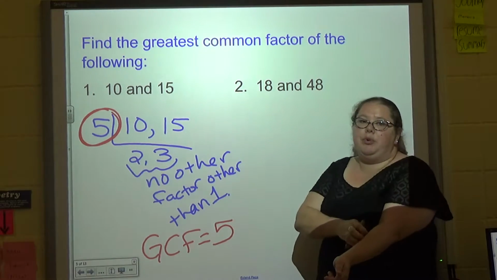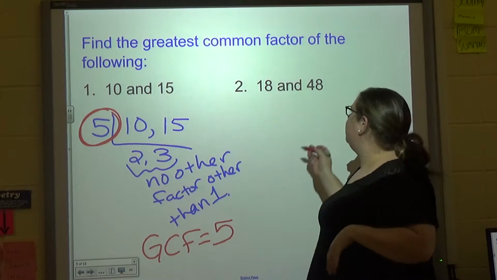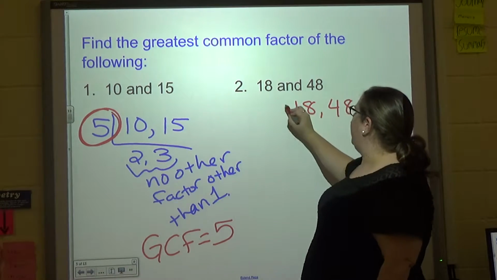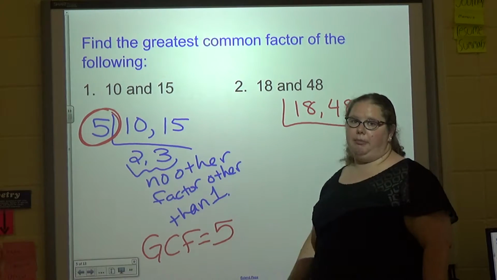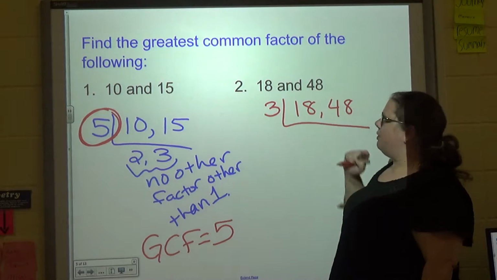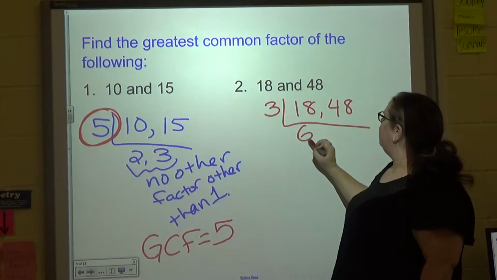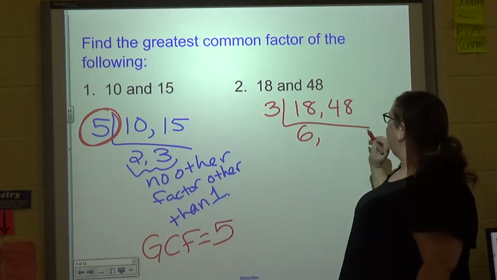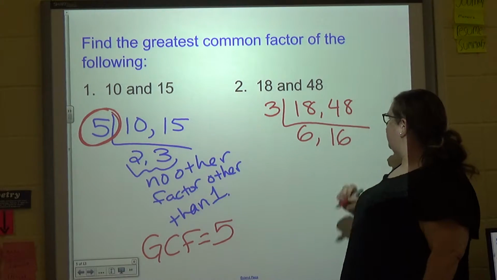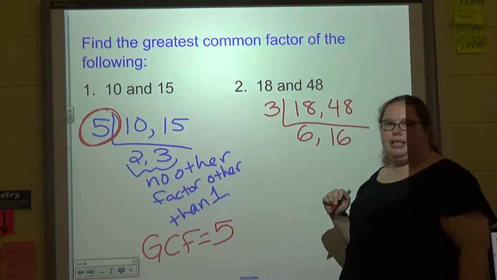And do the same thing with 18 and 48. Pick any number that goes into both of them. I'm going to pick 3. 3 goes into 18 6 times. 3 goes into 48: 3 goes into 4 once, carry the 1, 16. Now I'm going to take my 6 and my 16.